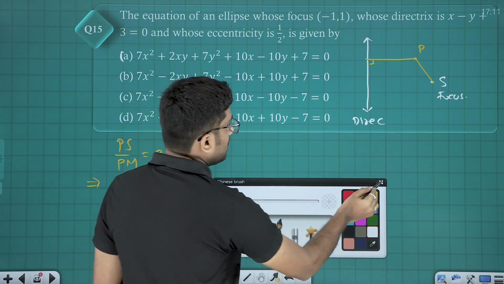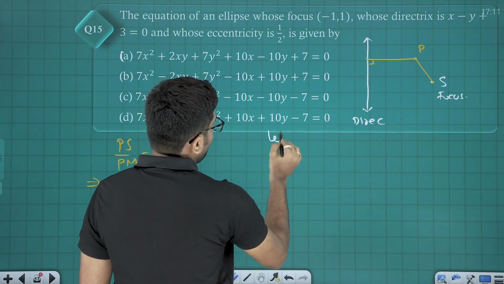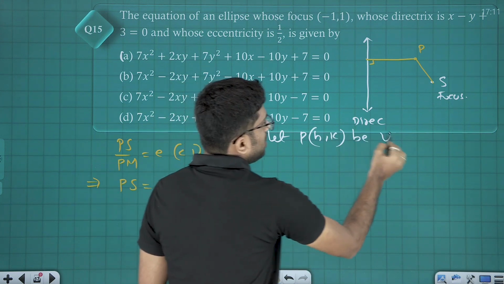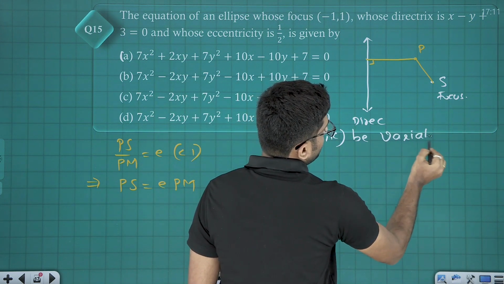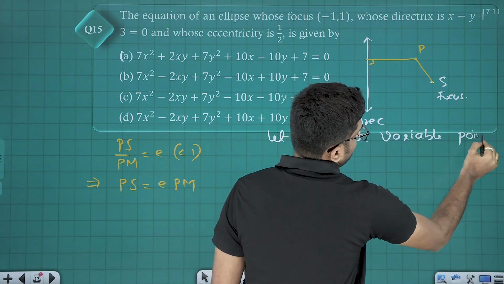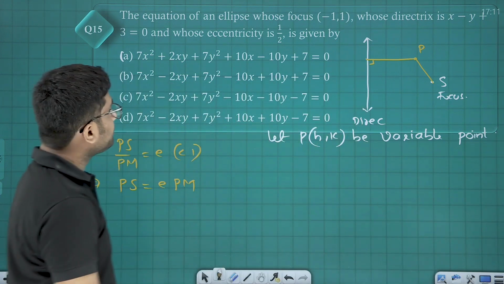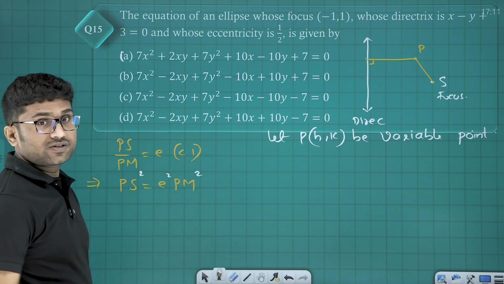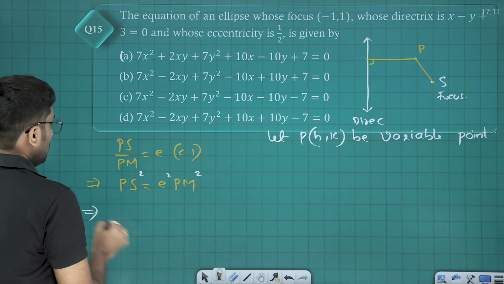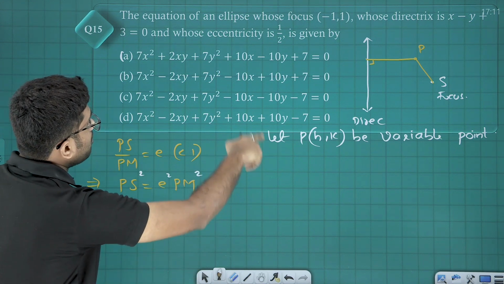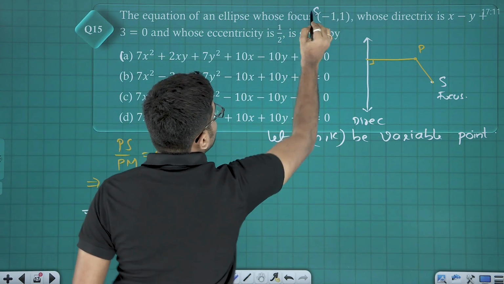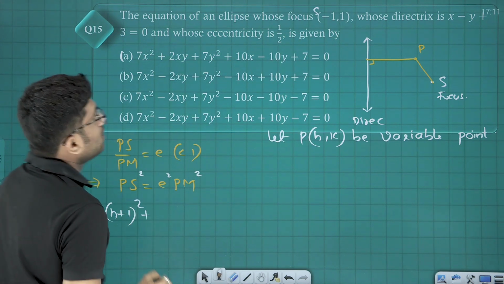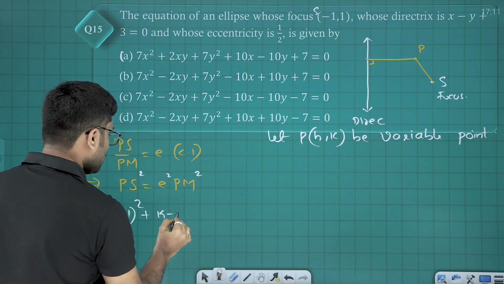Now, let P of h comma k be the variable point. So PS square is equal to E square into PM square, if we square on both sides. PS square is nothing but the distance from P to the focus, which is (h plus 1) whole square plus (k minus 1) whole square.